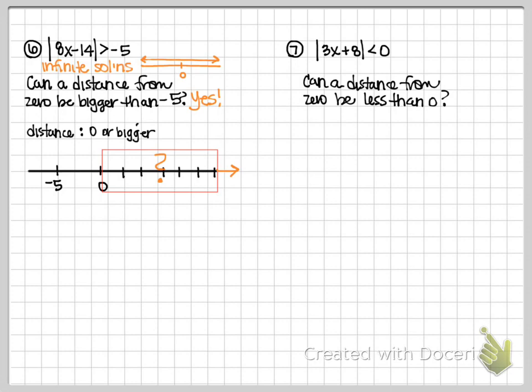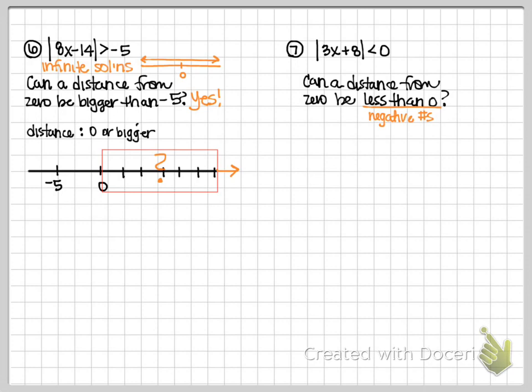Let's see. Can a distance be less than 0? So what kind of numbers are less than 0? Numbers that are less than 0, those are negative numbers. So I guess the question is can a distance from 0 be negative?